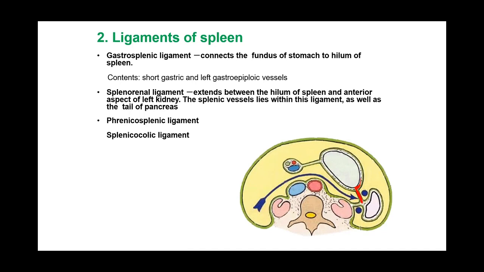In fact, most of these ligaments are already torn. The contents are the short gastric and left gastroepiploic vessels. Then the splenorenal ligament, you can see it.